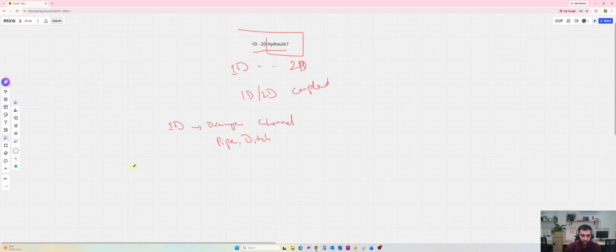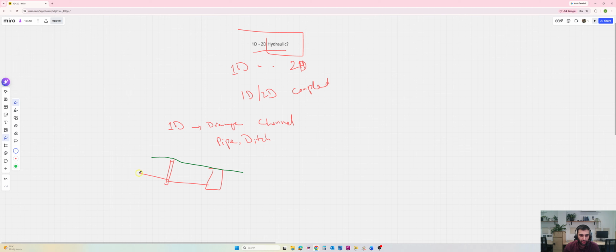For example, you have a pipe network. Let's say this is a pipe. You have one pipe and then you will have the manhole. I'm not very good at drawing. So for example, we have a manhole, and then we have a pipe going downstream, and then we have another manhole, and we can say that this is the ground level.